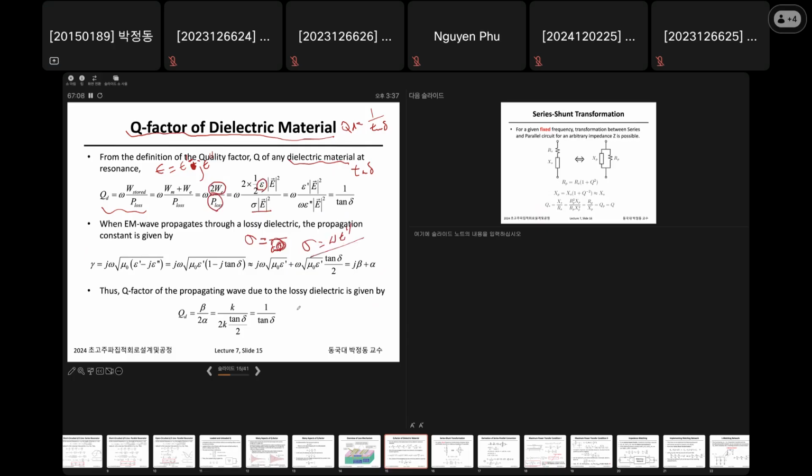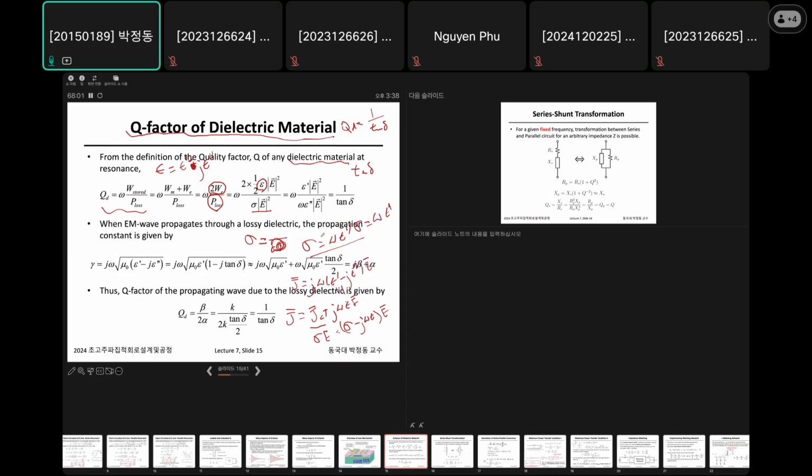So you can easily prove this. How? J is the conductivity current plus displacement current, J equals sigma E plus j omega epsilon E. In the same way, if you represent J in terms of displacement current, J equals j omega epsilon prime minus j epsilon 2 prime, times E. If you compare these two, you can see that sigma is just omega epsilon 2 prime.